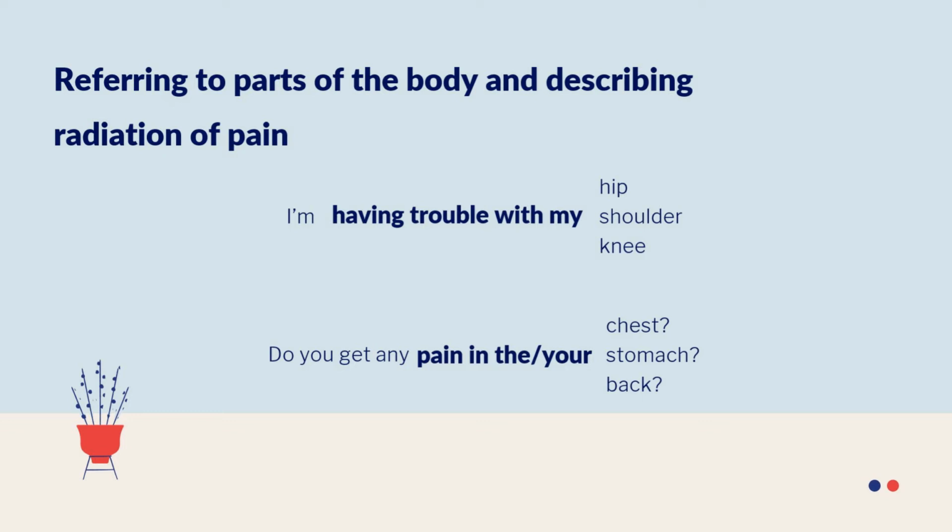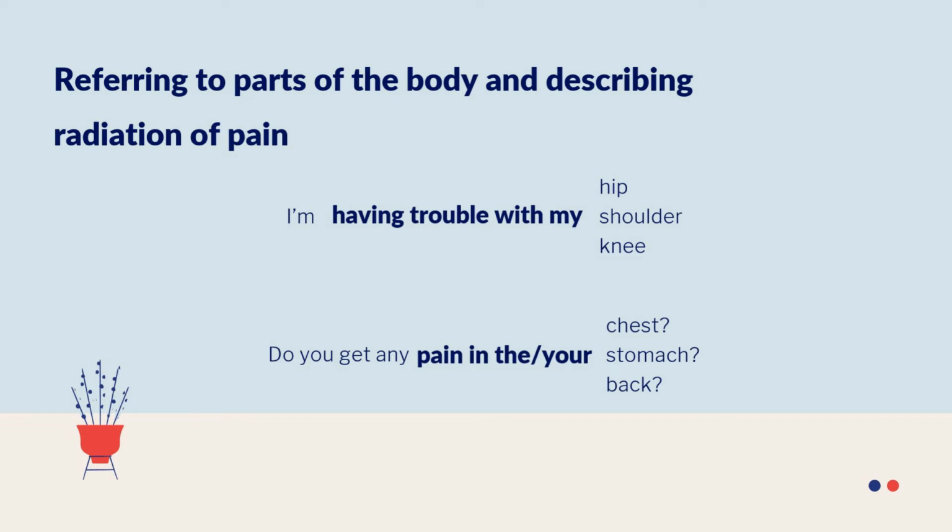Usually, when patients speak about their problems, they often refer to a part of the body, like, for example, I'm having trouble with my hip, or I'm having trouble with my shoulder, or with my knee.